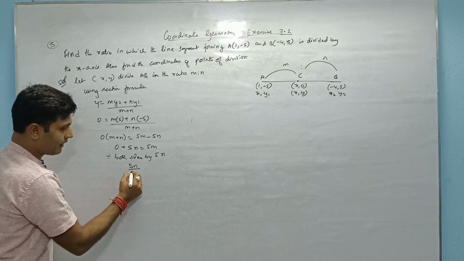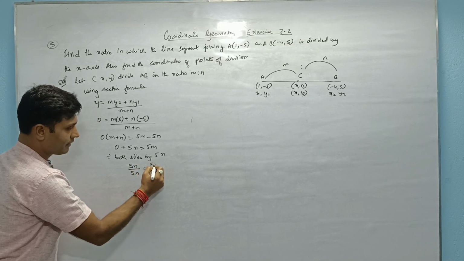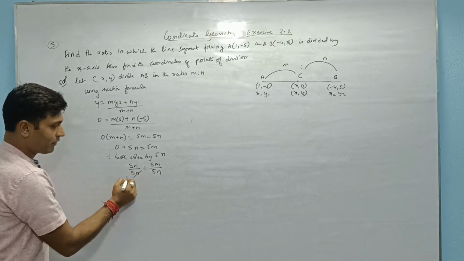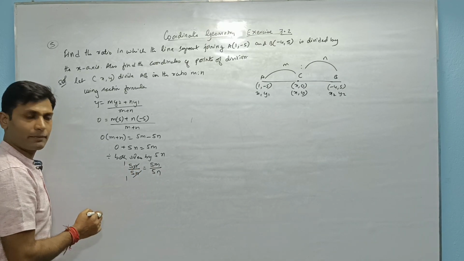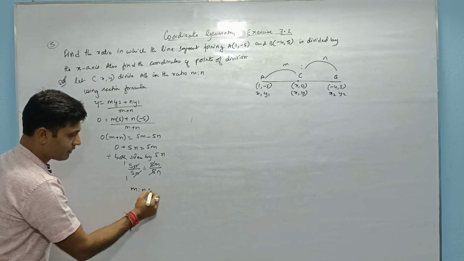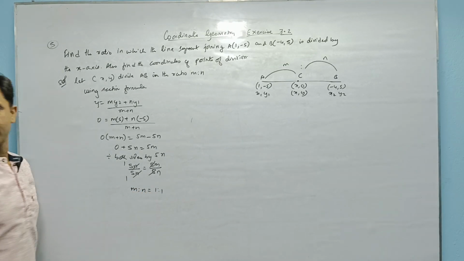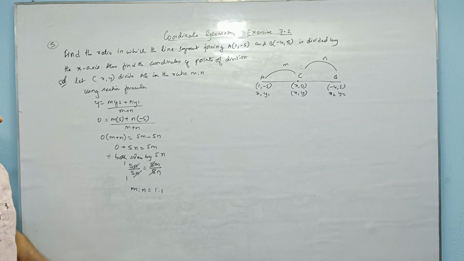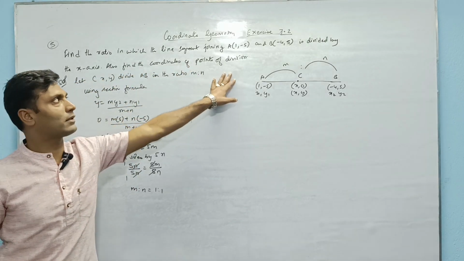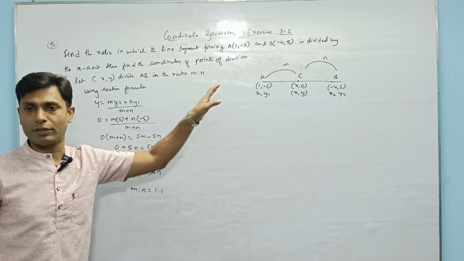So I'll get 5n divided by 5n is 5m divided by 5n. 5n into 1, 5n into 1. 5 and 5 cancel. So what are we getting? m is to n is 1 is to 1. Clear?